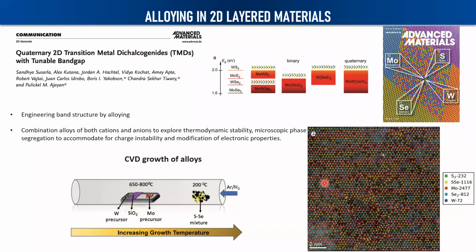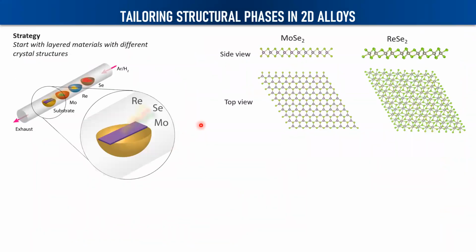But the next question I asked was, so this is everything in the 2H phase, and we know that all these are stable in the 2H phase. So next I tried to take two different parent materials. One is MoSe2, which is stable in the 2H phase, and another one is rhenium selenide, which is stable in the 1T prime phase, a distorted 1T phase.